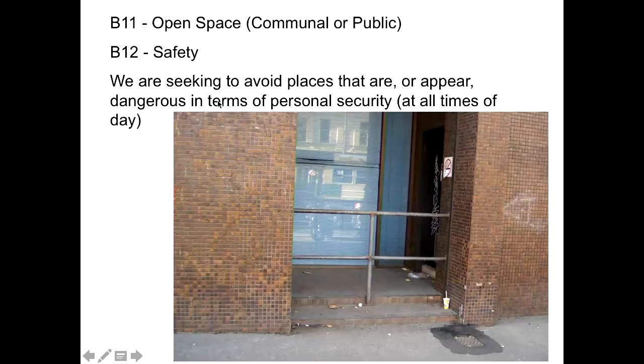B12, safety. When we create new places, we try to make sure that they're safe, and in this sense, safety is not building code safety, as in people tripping over things, but rather personal security safety.